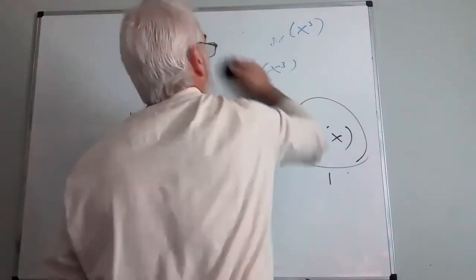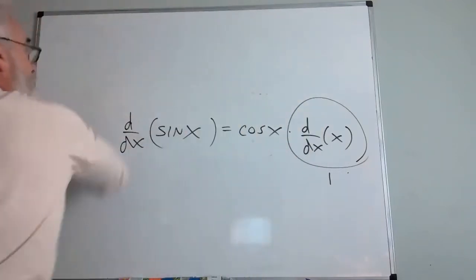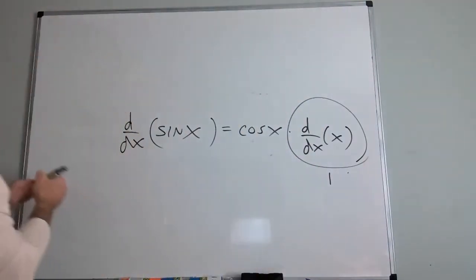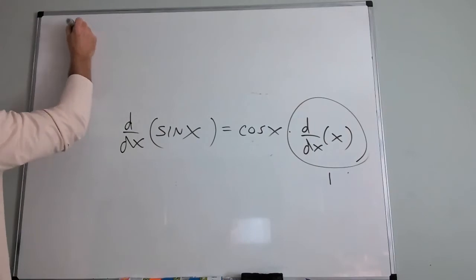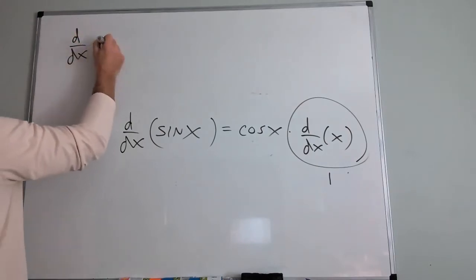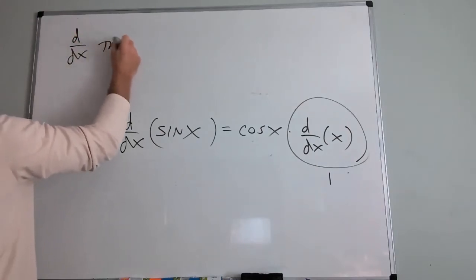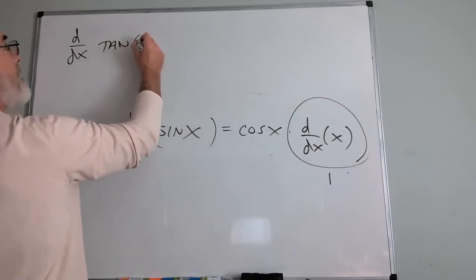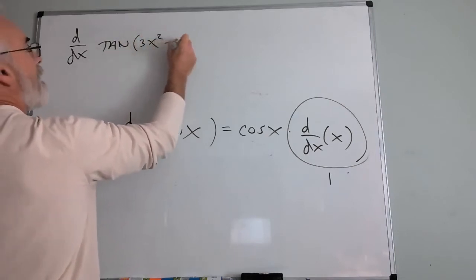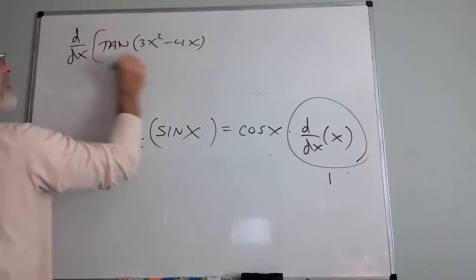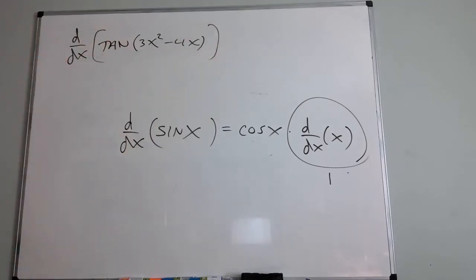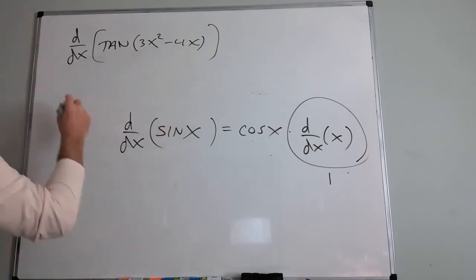Let's do a couple of these bad boys. I would like to take the derivative, let's say, of the tangent of 3x squared minus 4x. Well, that comes in last.